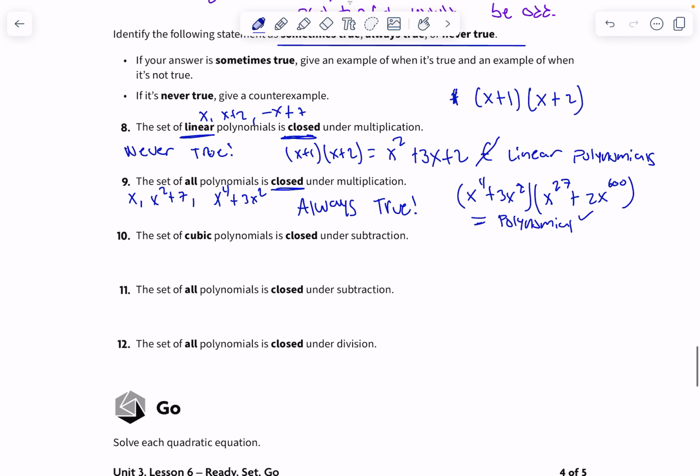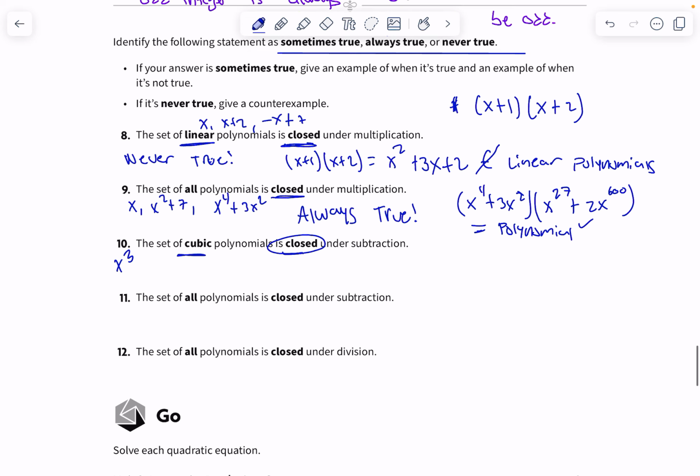The set of cubic polynomials is closed under subtraction. So, okay, cubic polynomials is like x cubed, right? That's a cube. It's closed under subtraction. So that means that if I have a cubic polynomial minus another cubic polynomial, it's going to get me a cubic polynomial. So let's think about what I just said.